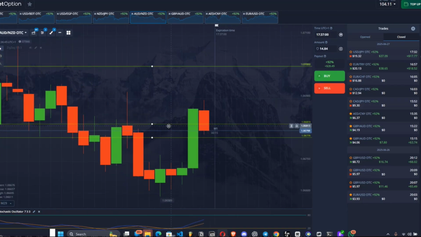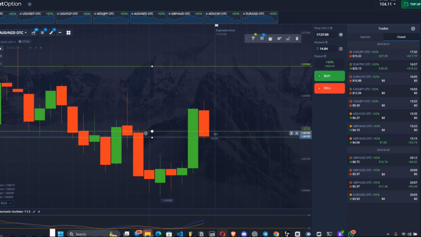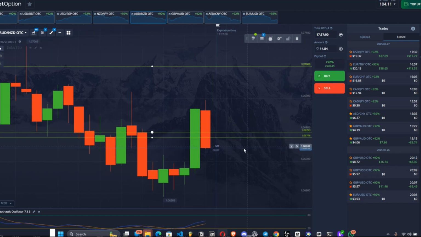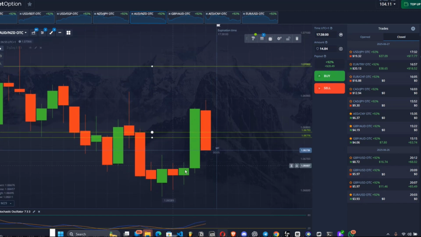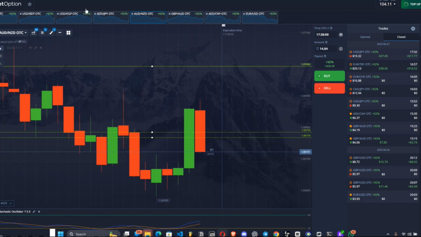Now this is a buy opportunity. Okay, let's say worst case scenario here. But since this has totally crossed below, we are not taking any trade. Okay, can take a buy.